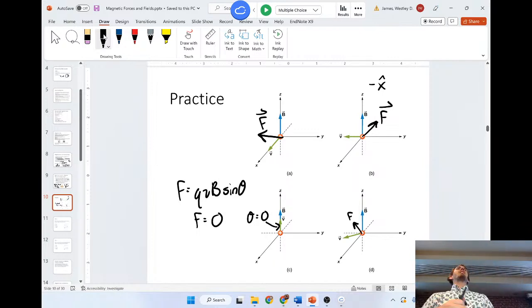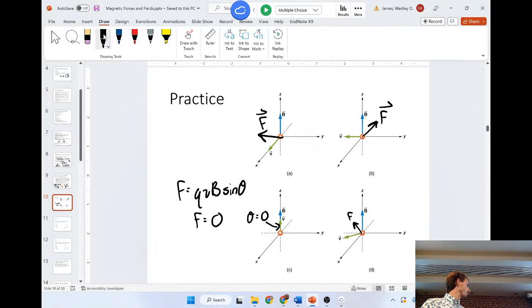If I gave you a problem and I did specifically say which way it is pointed, generally up, down, left, right, into the page, out of the page is good by me. When it comes to these problems, I'm really just looking for, do you know which way it's pointed? So often the answers will be left, right, up, down, into the page, out of the page. You won't need to worry which way is x, which way is y, which way is z.